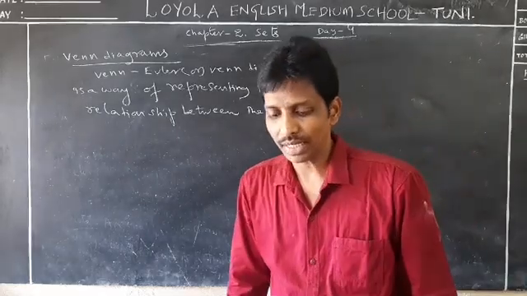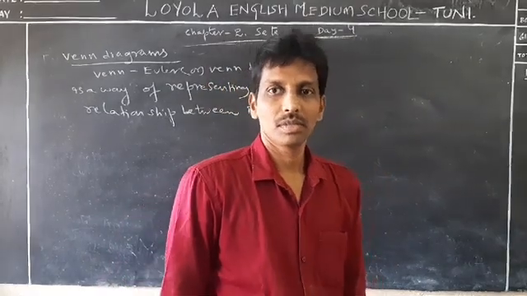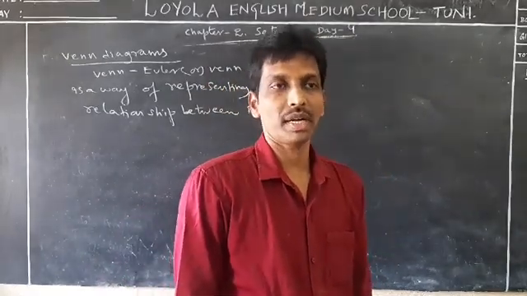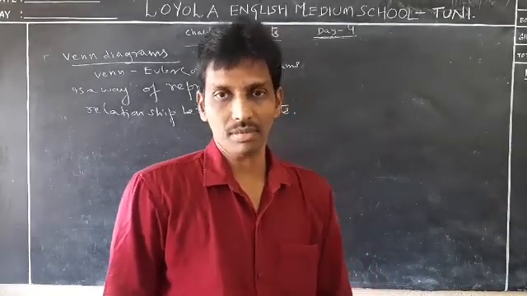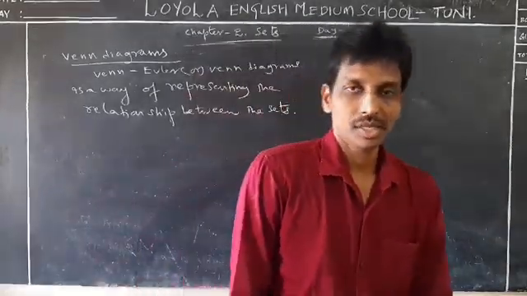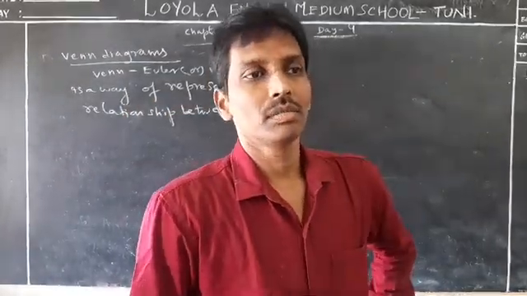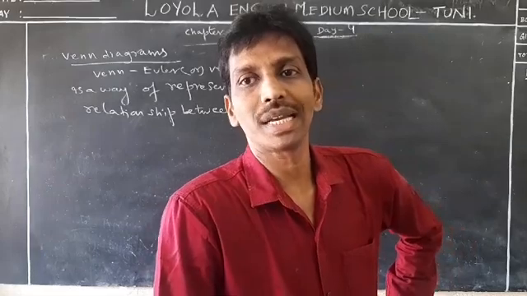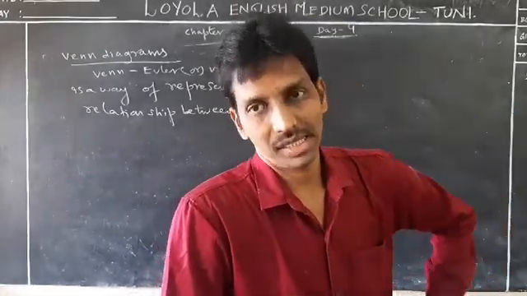So, in our 10th class level, what type of Venn diagrams do they ask in the examination, or what should we discuss in our 10th class base? So, let us see. I told you in the previous class, we need to use rectangles to represent the universal set.